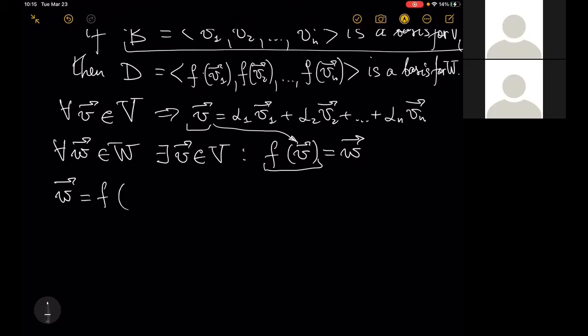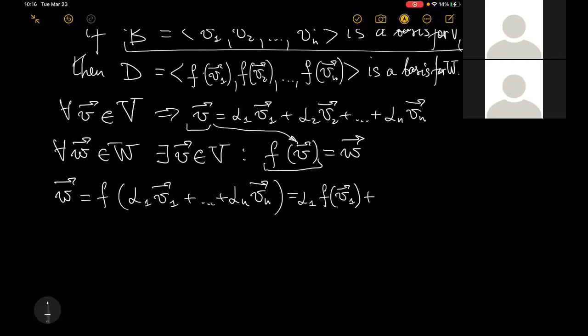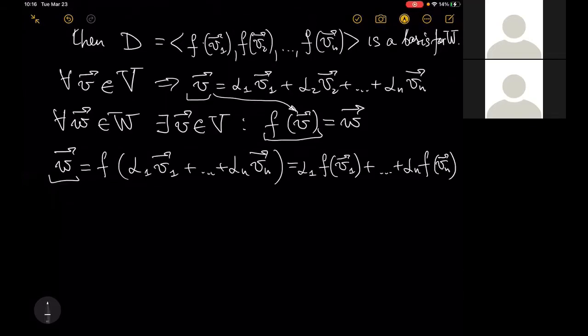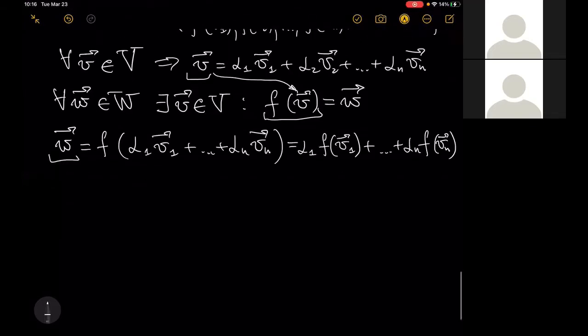has to be f applied to this. But then using this preservation of structure, I'm getting that my vector W can be represented through the linear combination of images of the vectors of the basis in V capital, right?